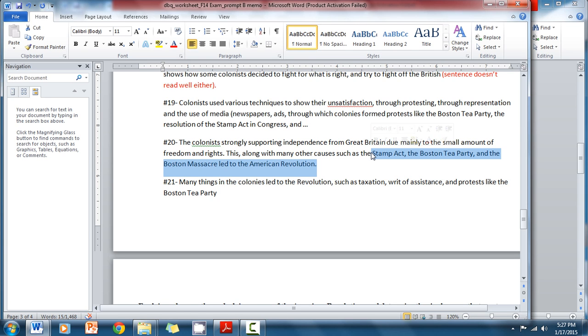Instead of saying the Boston Tea Party and the Boston Massacre, maybe you could talk about colonial outbreaks to protest the British, because that would be an appropriate label for both. For the Stamp Act, you just need to simply say taxes, because there were so many other taxes, not just the Stamp Act. So you don't want to isolate and narrow in and only talk about this one tax in your thesis. Also, you need another sentence as far as which single cause most enticed the colonists to break away.